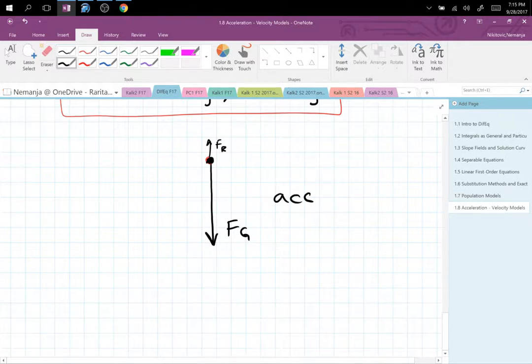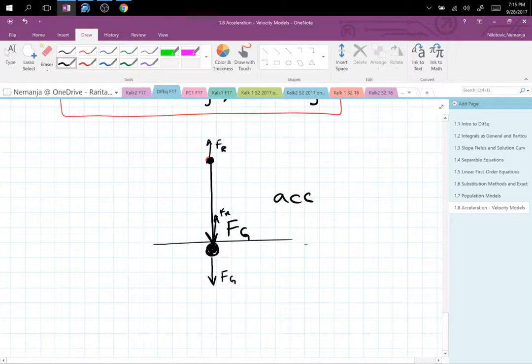And then at some point in time in this fall, the rock is going to have an equal amount of pull and push. So this is your Fg, and this guy over here would be Fr. And those two vectors would be the same quantity.